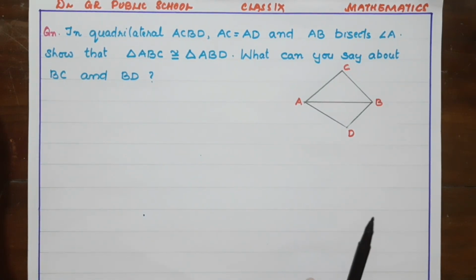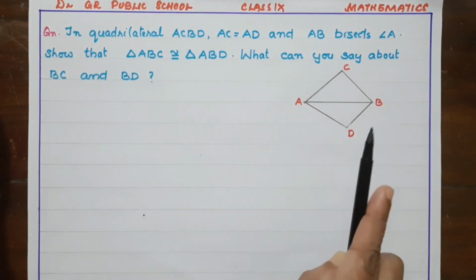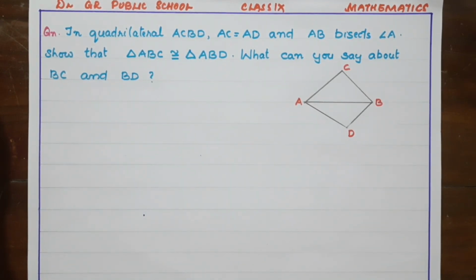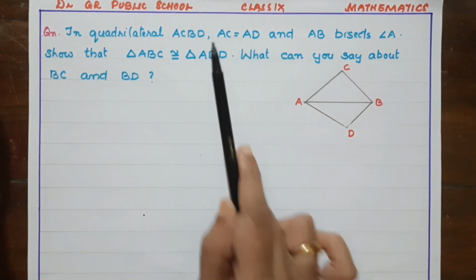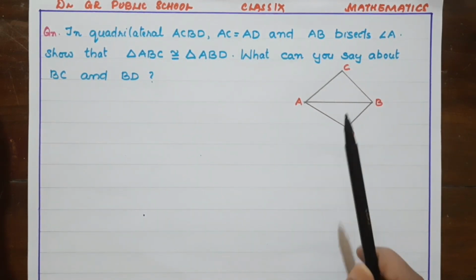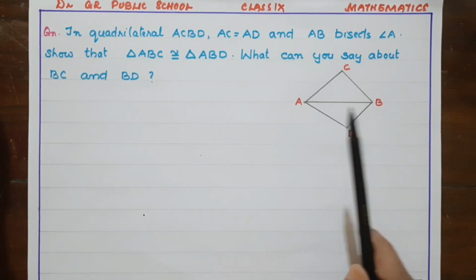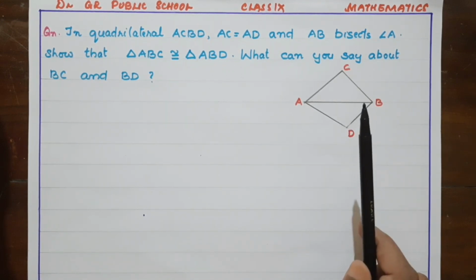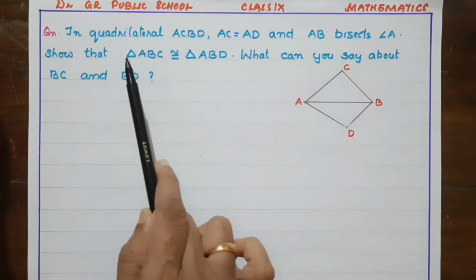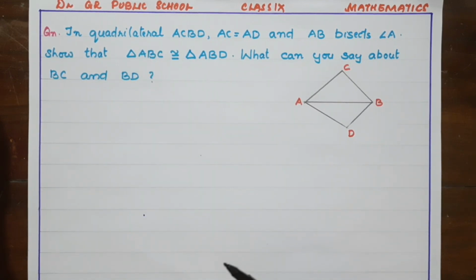Okay. So when you get a question like this, you have to analyze the question as well as the given figure. First, you have to mark the given equalities in the figure. Then you have to check whether you can find more equalities to get the congruency.